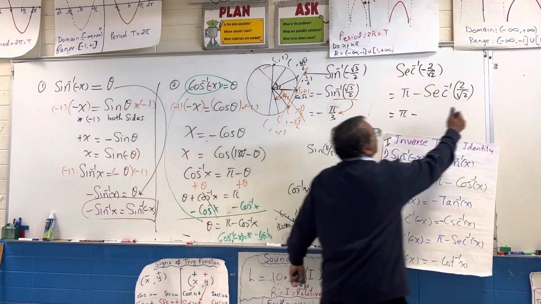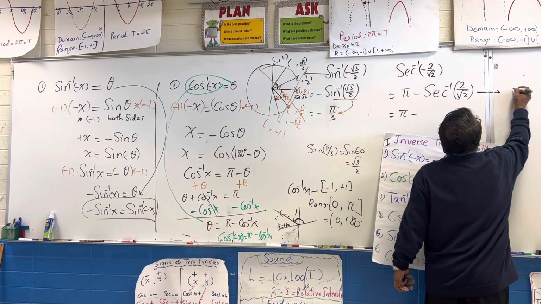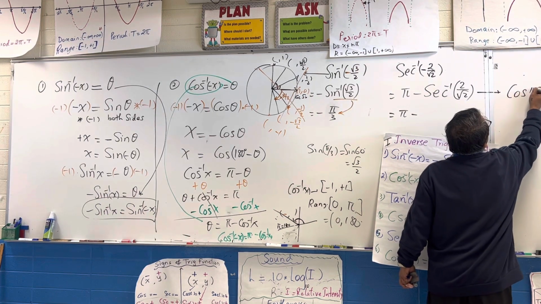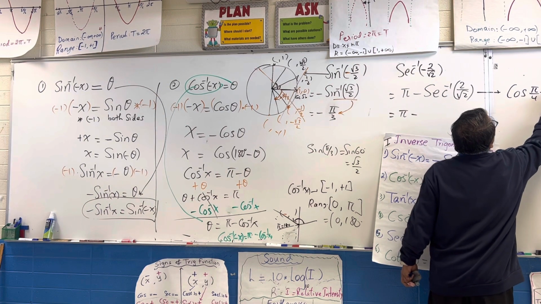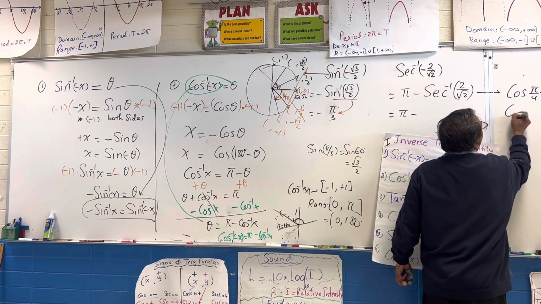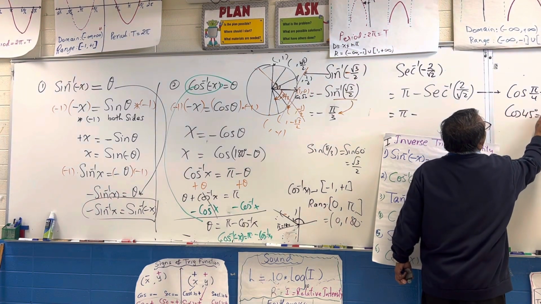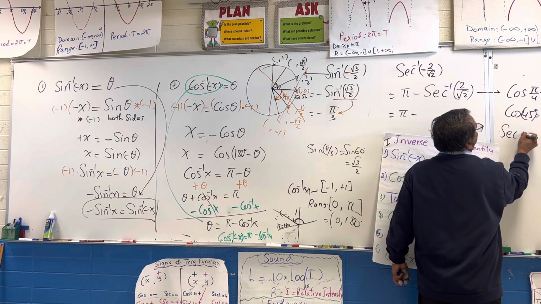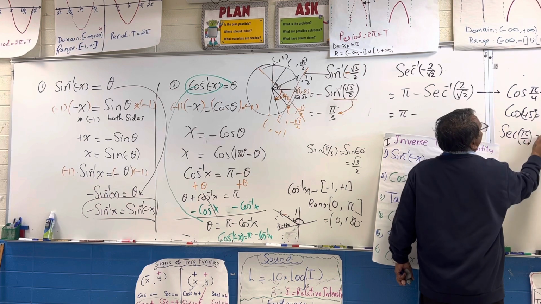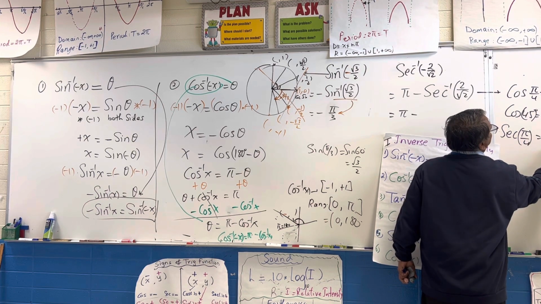Now remember, if you forget, cosine of pi by 4 is root 2 over 2. That is, cosine of 45 degrees is root 2 over 2. So that means if I take secant of pi by 4, it is 2 over root 2, right?